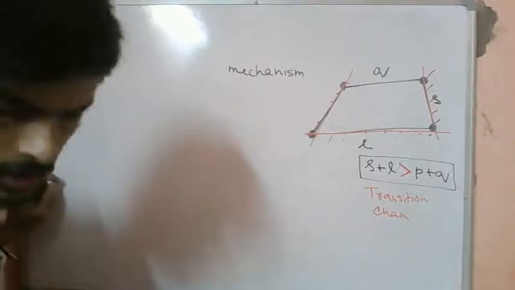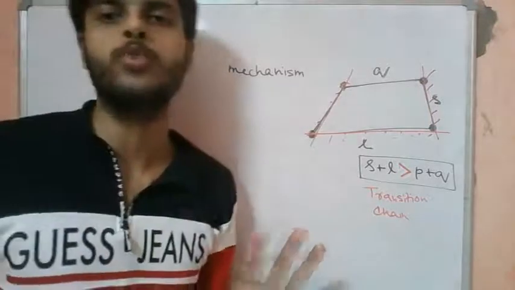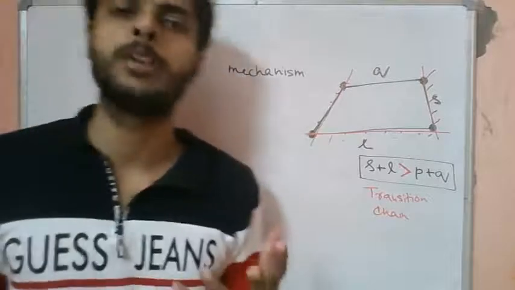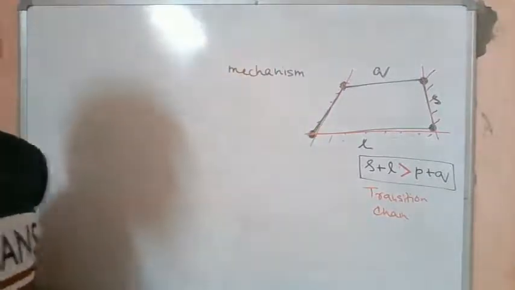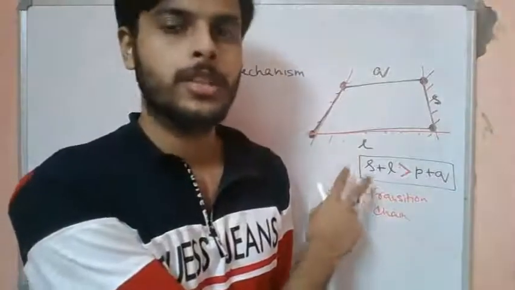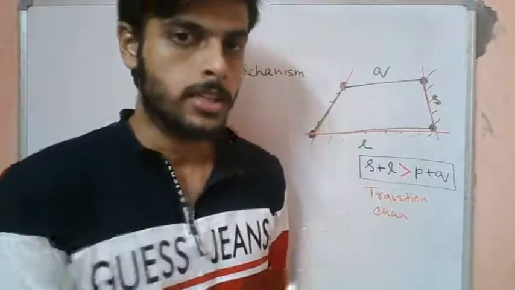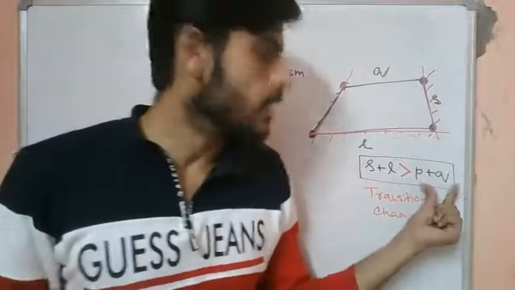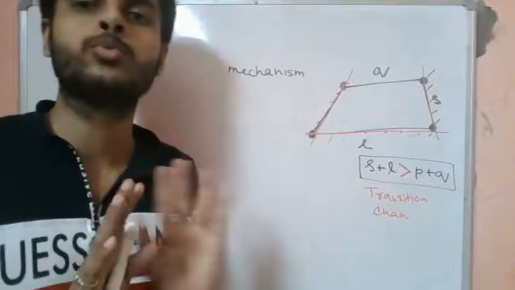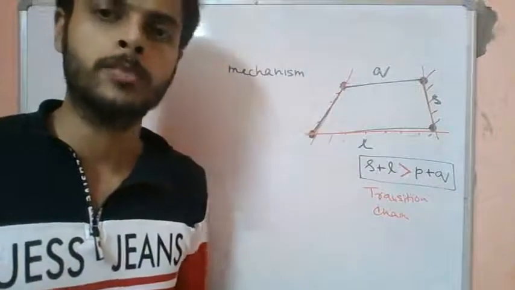If there is a non-Grashof chain, there won't be any link which will be performing a complete rotation. For any non-Grashof chain, the inequality is satisfied: the sum of the lengths of the shortest and the longest link is larger than the sum of the other two link lengths. There won't be any link performing a complete rotation.